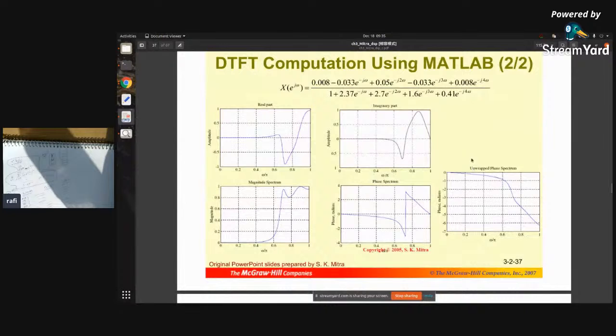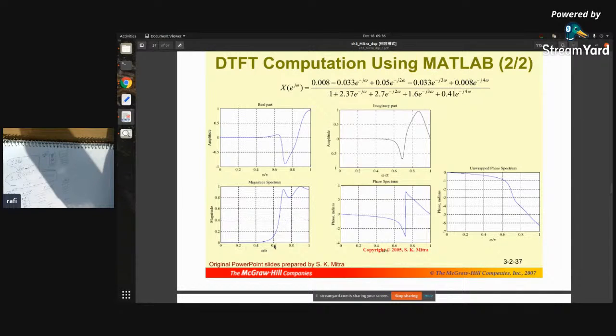For this example, p0, p1 are these and d0, d1 are these, and when you use that function, you get H with a real part and an imaginary part. If you plot only the real part and the imaginary part, we won't get much information, but if you take the magnitude, you can see it is acting as some kind of low pass filter.